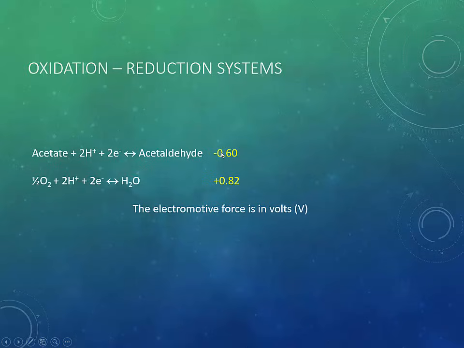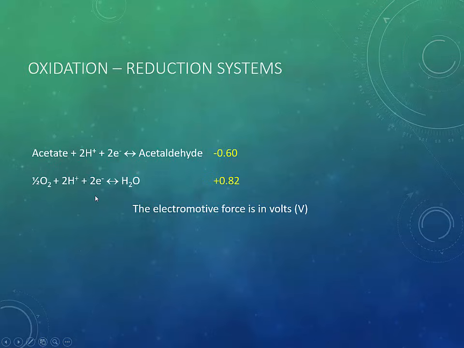And this is going to have some sort of voltage. For example, the acetate to acetaldehyde, where acetate gains electrons, actually has an electromotive force of negative 0.60. And what that negative tells you is that generally acetaldehyde wants to give up electrons. This reaction wants to run to the left.